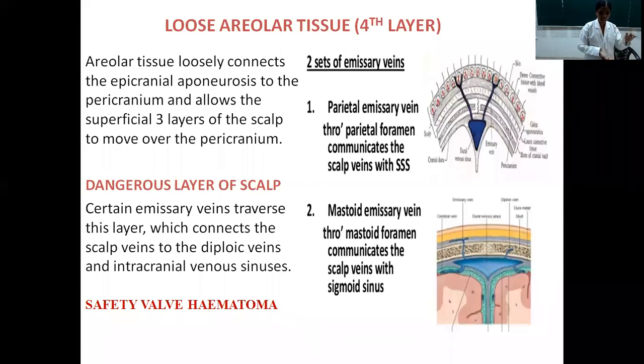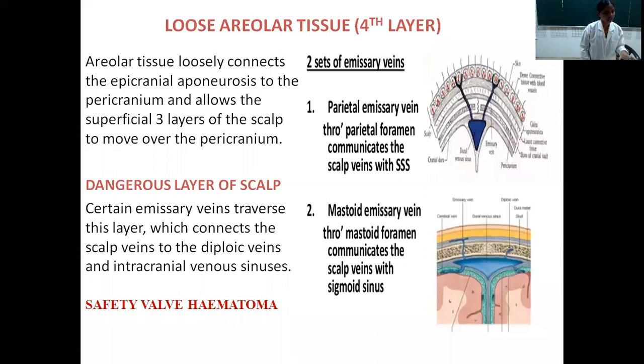So what is this vein? The emissary vein. It is present in the fourth layer and connects the extracranial veins, whatever veins are present in the scalp, with the dural venous sinuses inside the cranium. Because of this communication, these veins maintain the intracranial venous pressure. So this is the advantage.